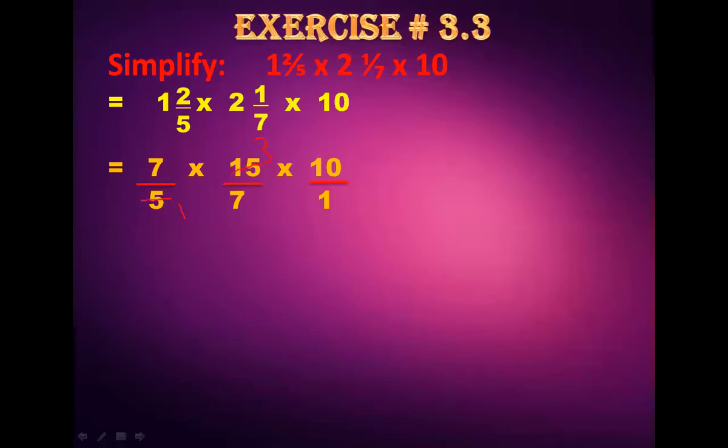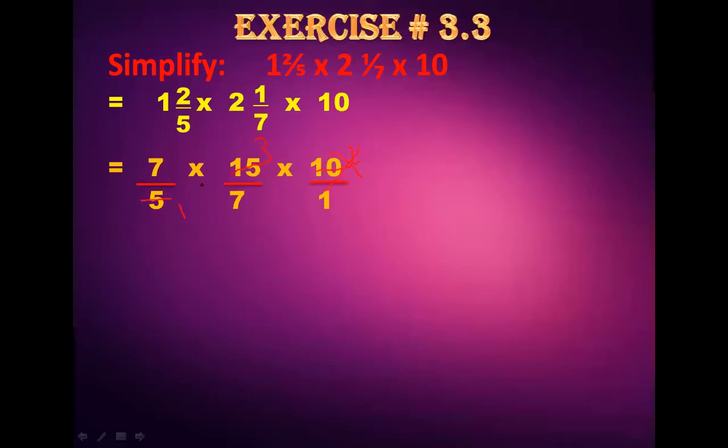Now listen to me very carefully. The most important thing here is that sometimes students get confused. What they did was 5 into 1 is 5, 5 into 3 is 15, and also they did 5 multiplied by 2 is 10. No, this is completely wrong. You will divide only one denominator with one numerator.